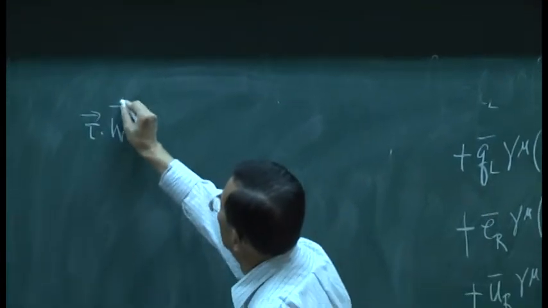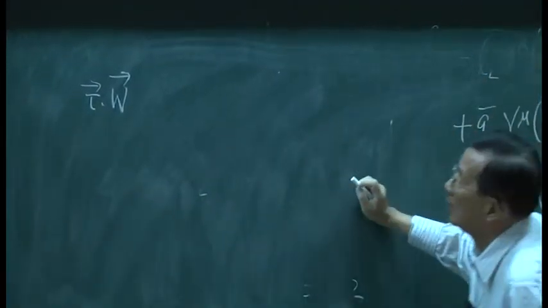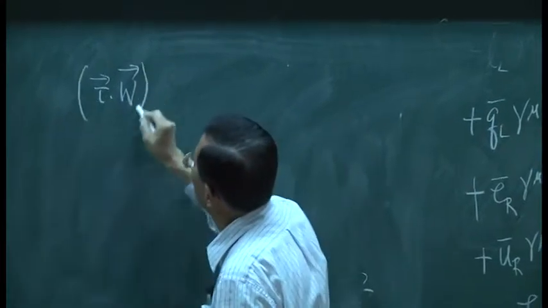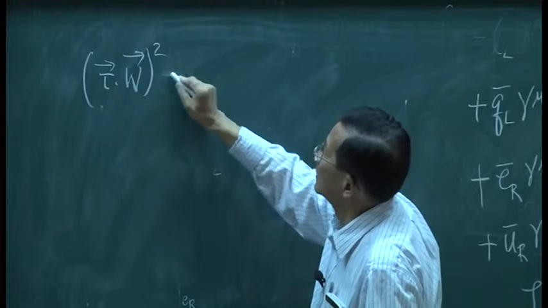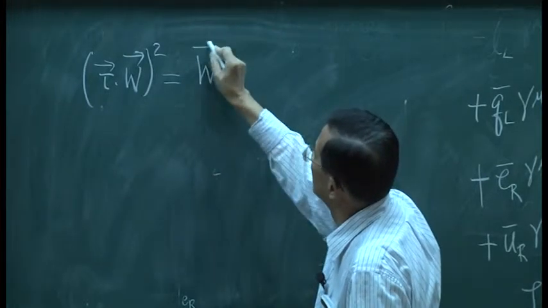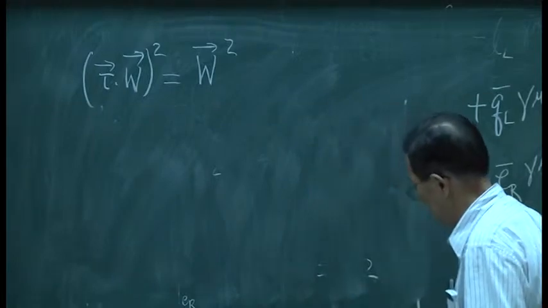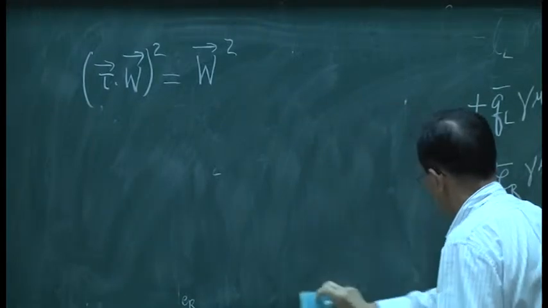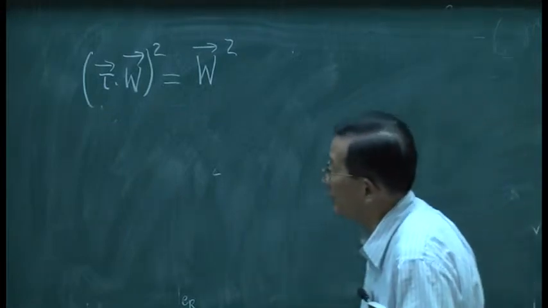I have tau dot W from one factor, and then there's another one, so I get this square. And this square is equal to W squared, right? It's simple algebra. The Pauli matrices have this property.